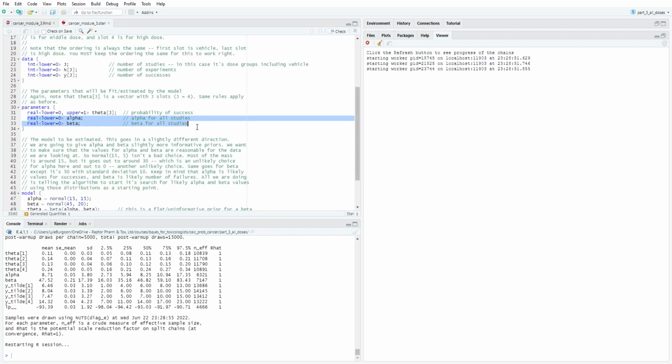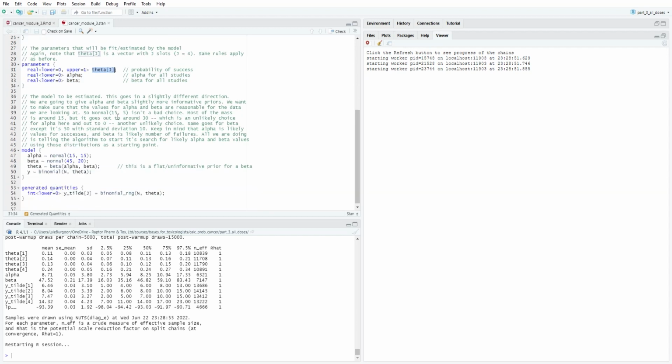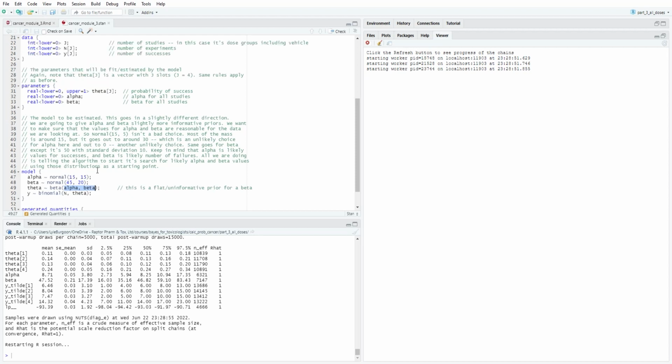And so there's going to be this global treatment effect, or global alpha and beta. They're going to influence the value of theta. So theta, which is what we actually care about, right? It's the thing right here. That is going to be figured out by alpha and beta, the two distributions for alpha and beta.